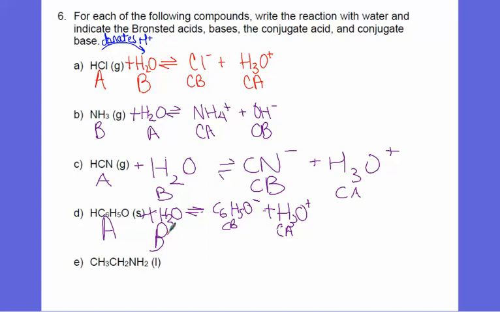I do not expect you at this point in your chemistry career to know by looking just at the formula that that is basic, without giving you more information. Got it? Because for some of those organic substances, it is difficult to tell if it's acidic or basic based off of just the formula. So by knowing that that's basic, when we add that to water, water is acidic in this case, what would our products be?